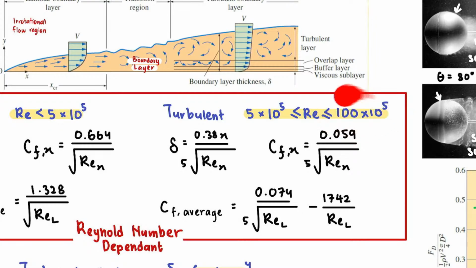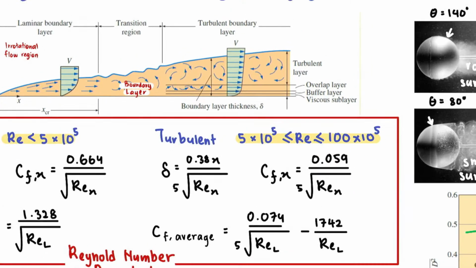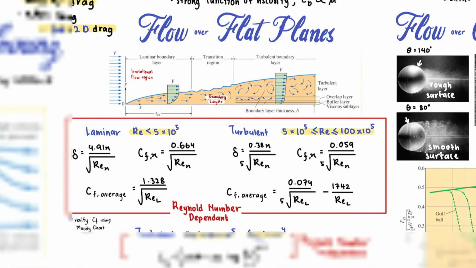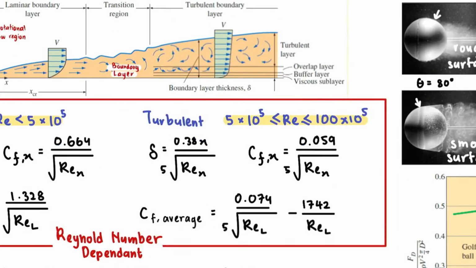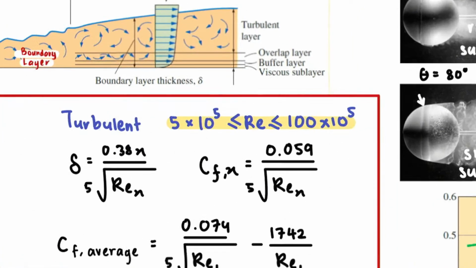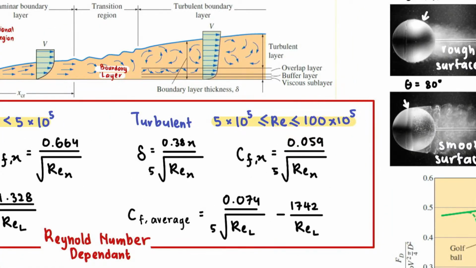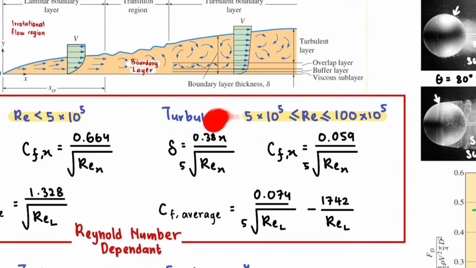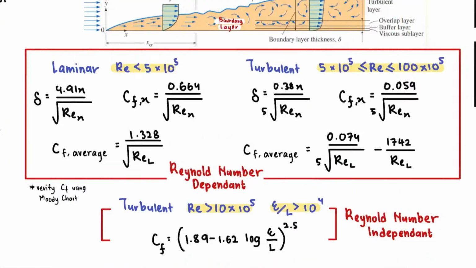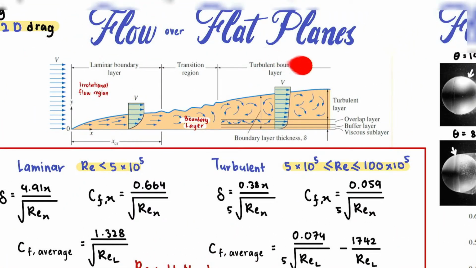You might ask what happens above this number. It approaches Mach numbers above supersonic. Supersonic effects are a whole different study. So actually the turbulent flow is just from this range. So this is the flow over flat planes.